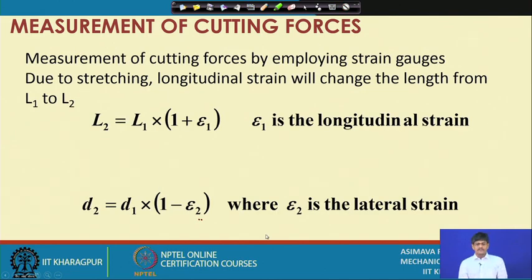Yes. So, if we employ such strain gauges, due to stretching, longitudinal strain will change the length from L1 to L2. So, how do we estimate L2? L2 will be equal to L1 multiplied by, taking into consideration that epsilon 1 is the longitudinal strain.